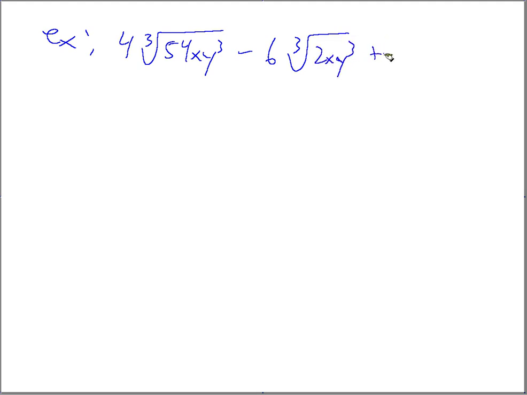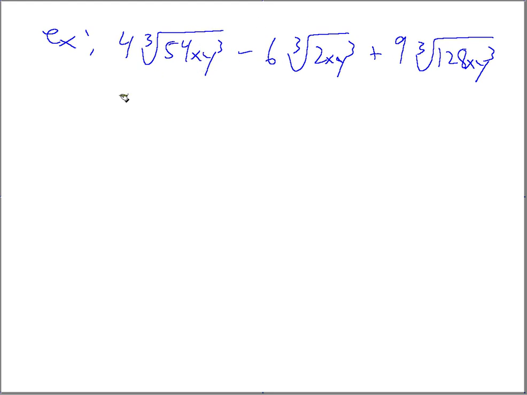Let's look at 4 times the cube root of, let's say, 54xy cubed, minus 6 times the cube root of 2xy cubed, and plus 9 times the cube root of 128xy cubed. Again, start by simplifying these cube roots first, and then see if you have the same radicand inside, which makes them like terms, and we can combine their coefficients.